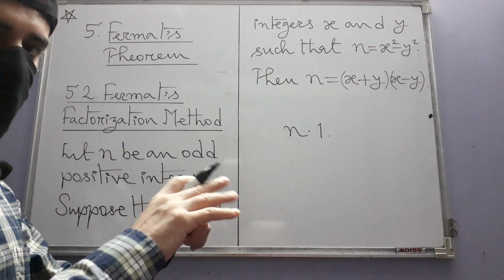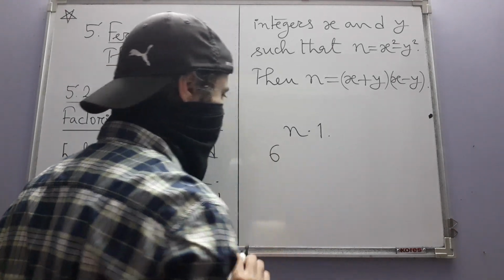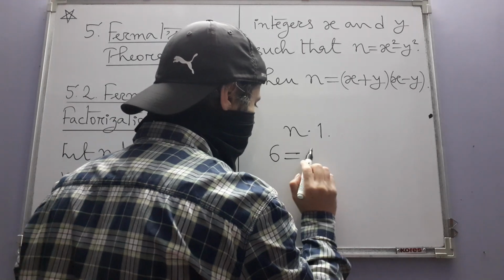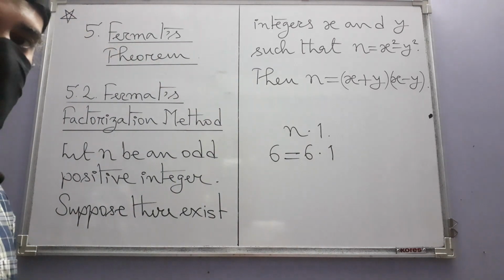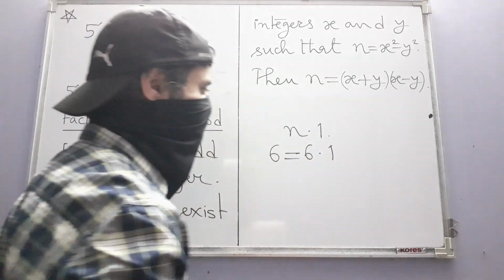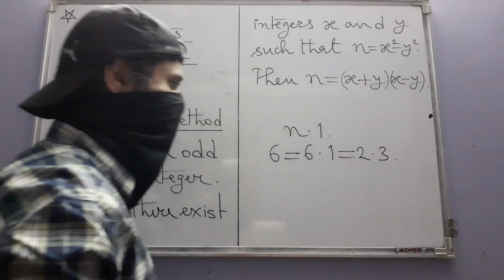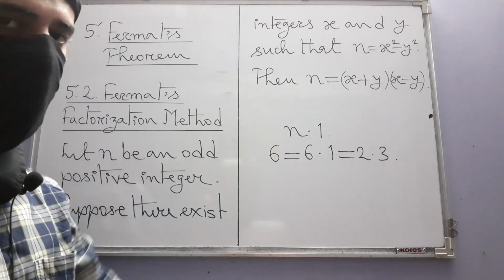Let's also, because we are talking about these things, recall what a trivial factorization and what a non-trivial one are. This is a trivial factorization of 6 times 1, because it involves only the trivial factors 1 and 6. However, this is a non-trivial factorization where the factors are both different from 1 and 6.